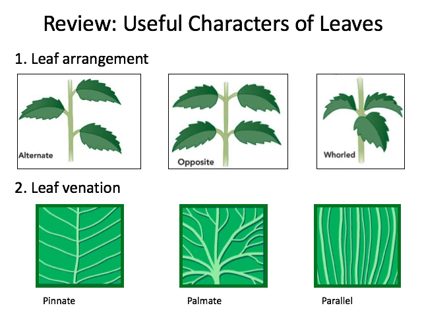In palmate, we have one central point from which all the other veins come out of. Pinnate and palmate are both most common in the dicot flowering plants. Parallel veins means all of the veins run parallel to each other, and this pattern is most common in the monocot evolutionary group.